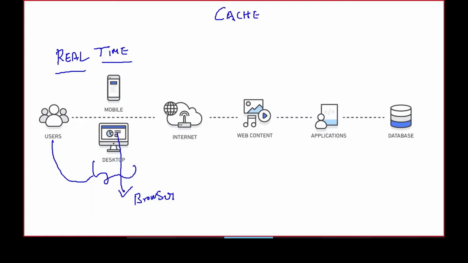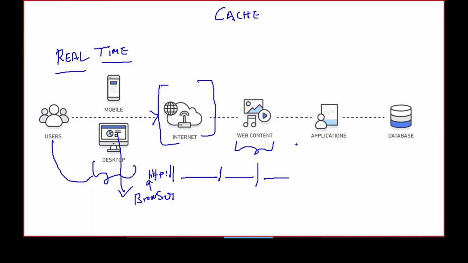Through the browser, say you are making an HTTP request through the internet. You might be using a load balancer or a server here, you can even take it as a web server, in which the application might have been deployed, along with the database.